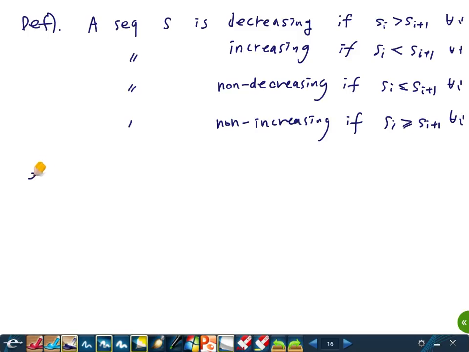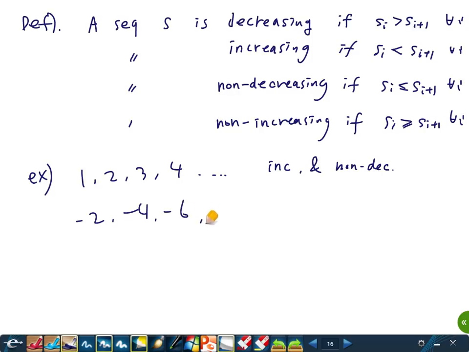So for example, of course there are many increasing sequences. This is increasing, and both increasing and non-decreasing, right? Then -2, -4, -6, what's that? It's decreasing and non-increasing at the same time.